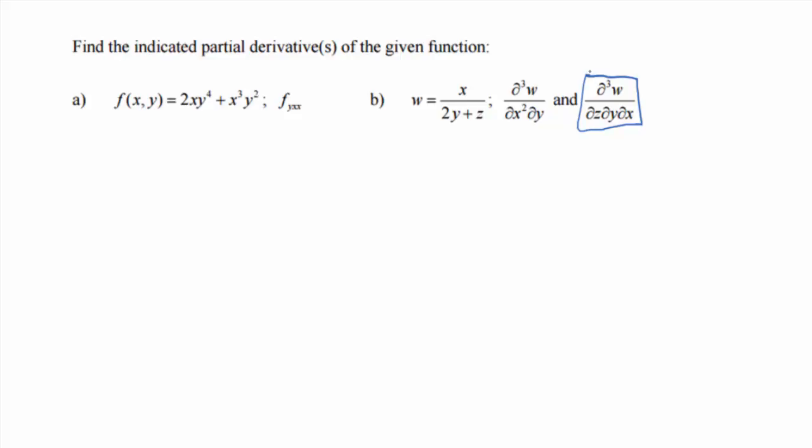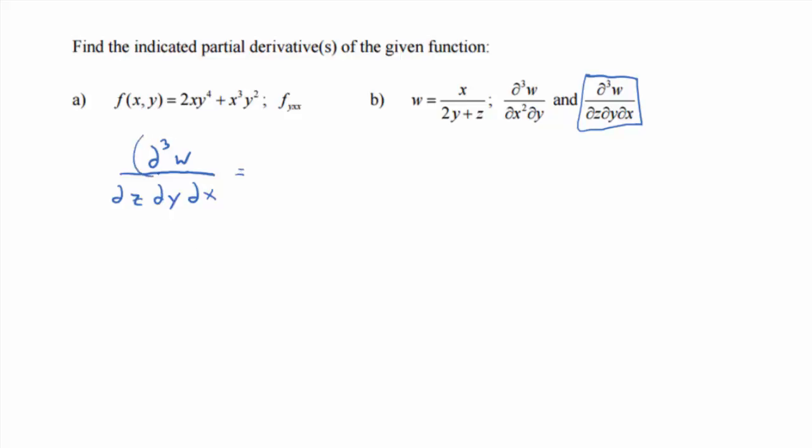Find the indicated partial derivatives of the given function. In this case, w is equal to x divided by the quantity 2y plus z. Let's write this down and refresh our memories as to what it means. So you have the d3w, and then dz, dy, dx in the bottom. Using the fact that Leibniz notation looks like algebra, you can figure out what this means even if you're not sure.